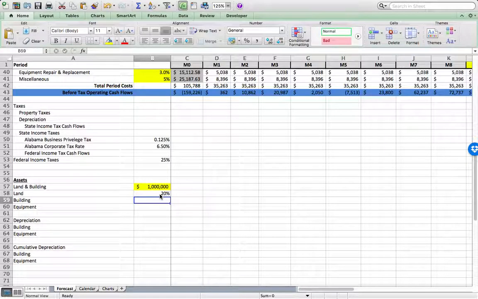I'm going to put it at 20. Actually, I'm going to put it at 40. Take that back. And the reason is that I want to be somewhat conservative in my depreciation here. I want to have a smaller depreciation rather than a higher depreciation. Because that's the only reason we're doing depreciation here. It's not a cash expense, but we need it to figure out our taxes.